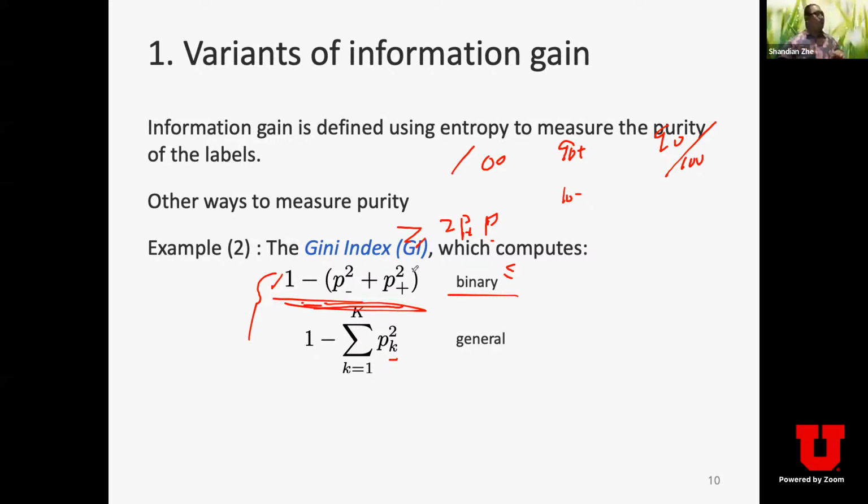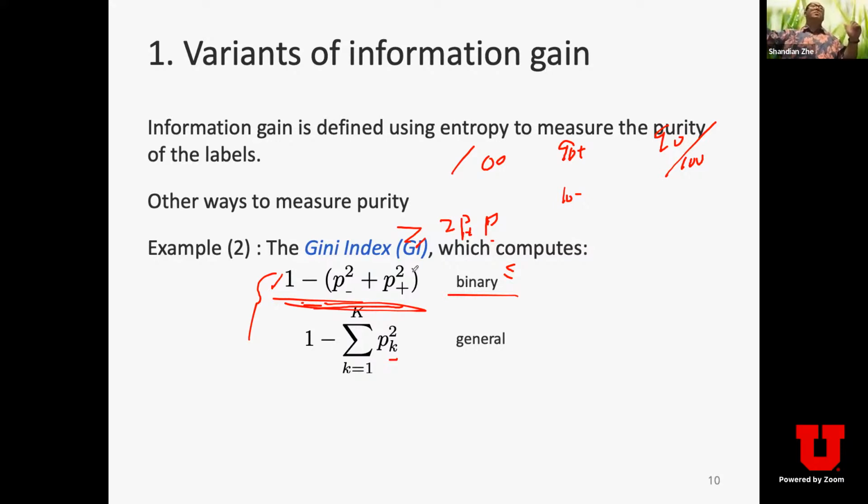And in that case, we know you got the highest label purity. P plus is 1, meaning all the examples are positive, or p minus is 1, meaning all the examples are negative. So now we can build up the connection. A high Gini index means low purity.